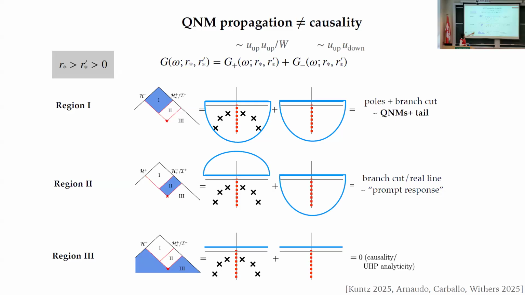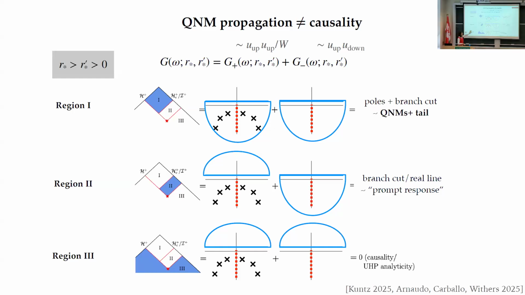But there is a region between the scattering condition and the light cone where you actually need to close this part of the Green's function in the upper half plane, and therefore you lose the QNMs. So this is what people have referred in the past to as the prompt response.